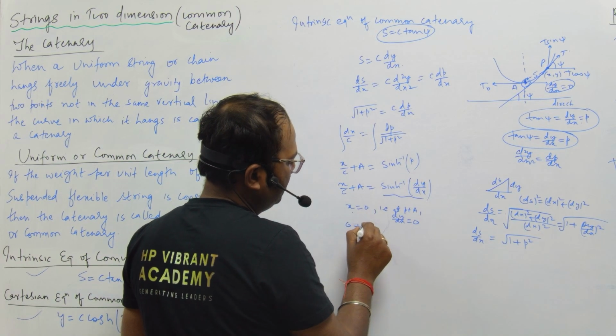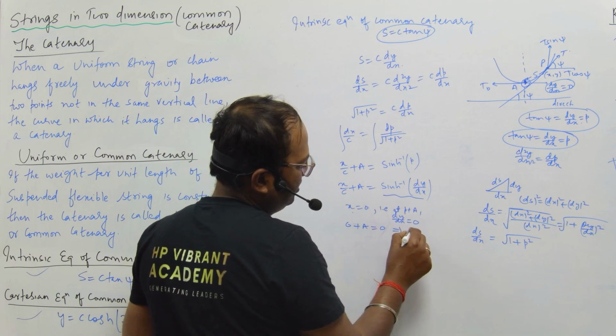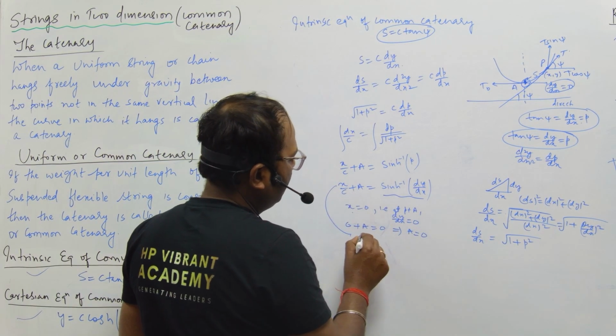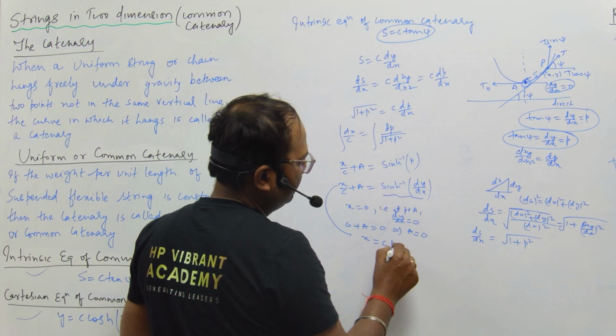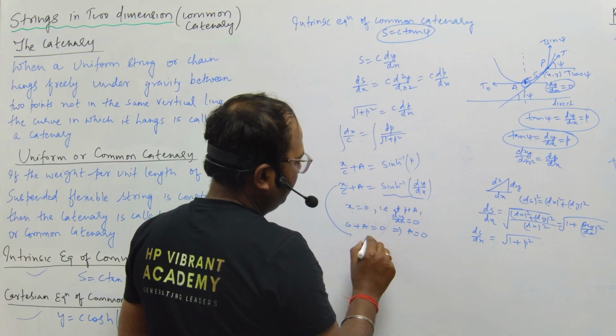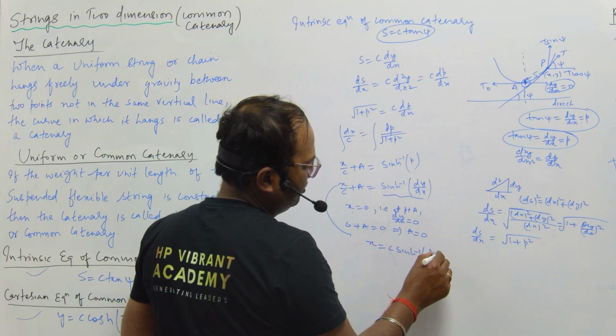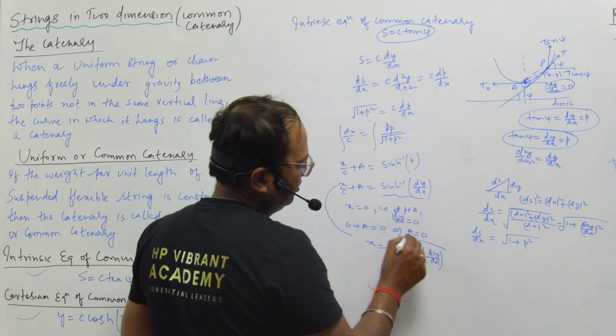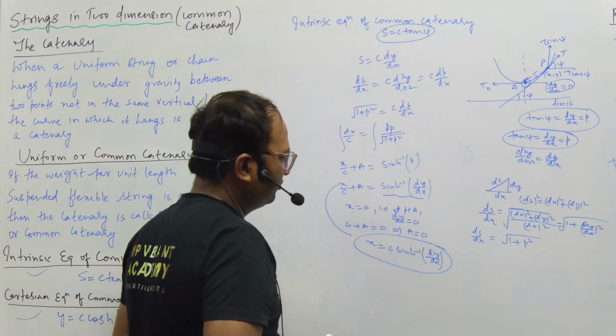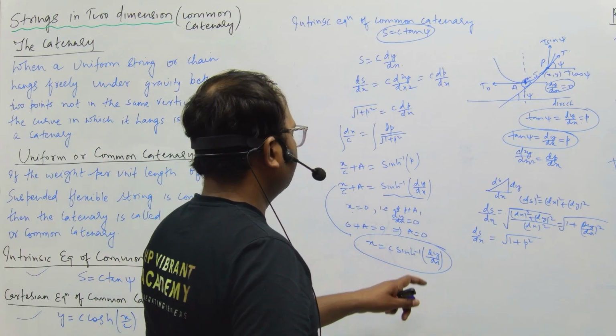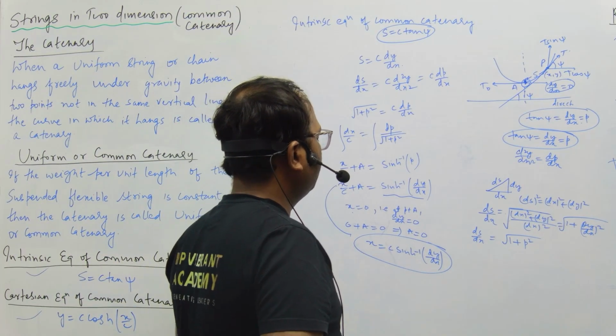So 0 plus a is equal to 0, which means a is equal to 0. So from here x is equal to c sinh inverse of dy/dx.